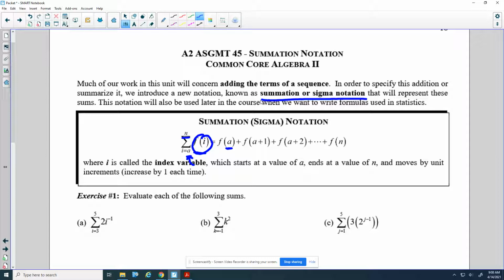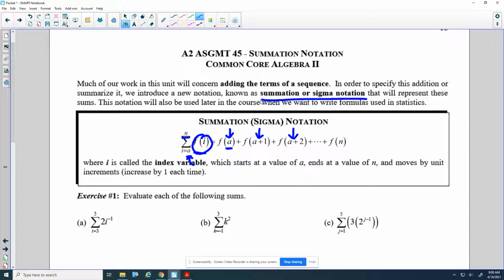So let's say we were starting with a 2, we would plug in 2, 3, 4, and we would continue. Let's say we had an 8 on the top for n, we would plug in until we plugged in 8. I is called the index variable, which starts at the value of a and ends at the value of n and moves by unit increments, increasing by 1 each time.